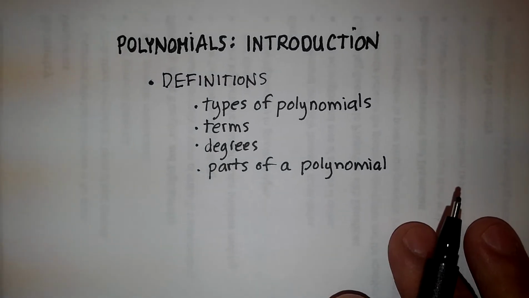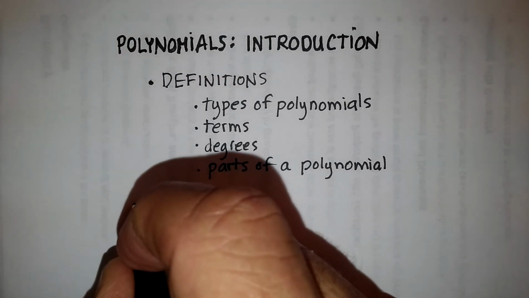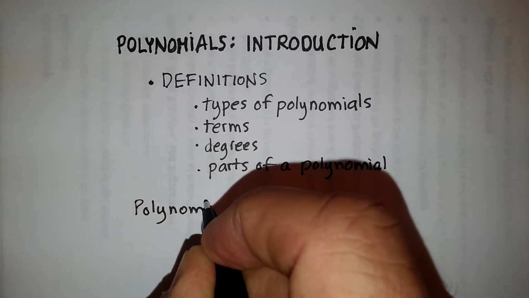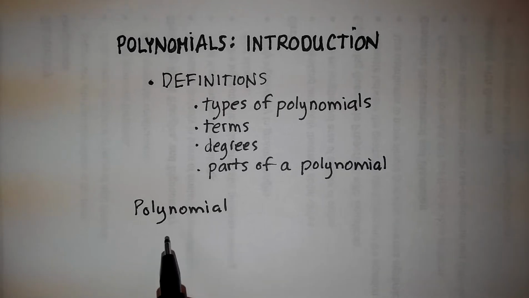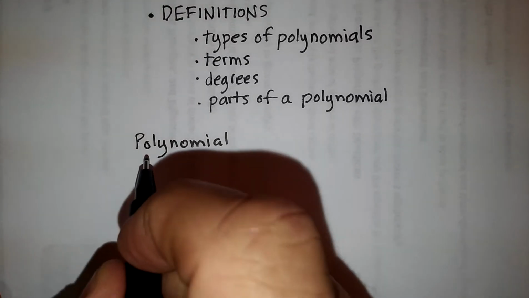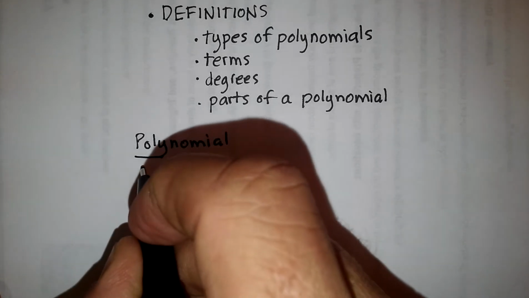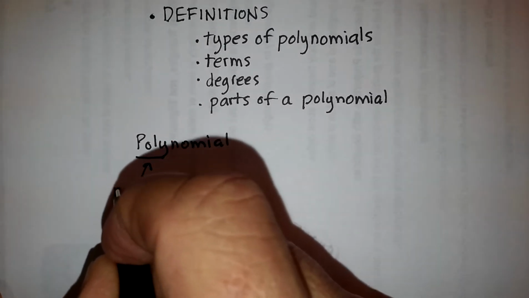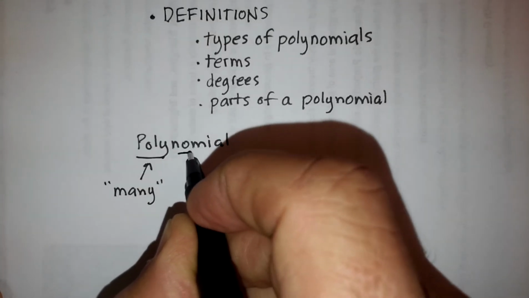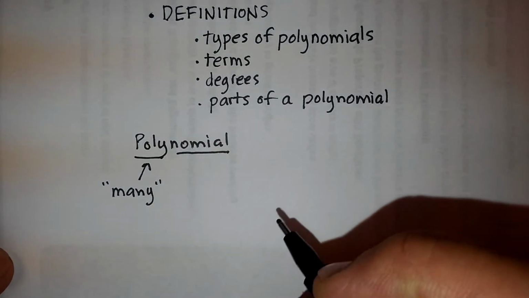So first of all, what is a polynomial? Well, let's just look at the word polynomial, okay? And you can probably see two different parts in there. You see the word poly, and if you know what poly means, it means many, okay? And then you see the word nom or nomial.